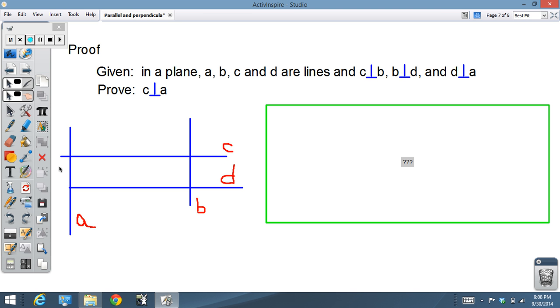All right, so we know the relationships that we formed in various spots. C is perpendicular to B, B is perpendicular to D, D is perpendicular to A. Now, can we also assume that C perpendicular to A is going to be true? Of course we can. Here comes the answer.